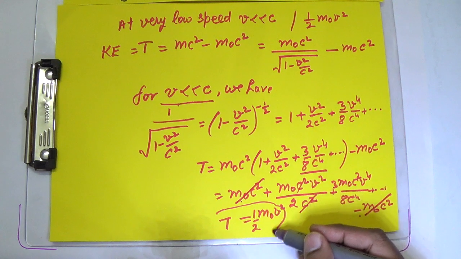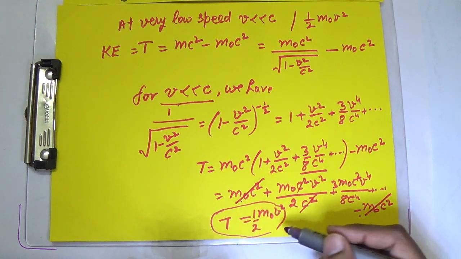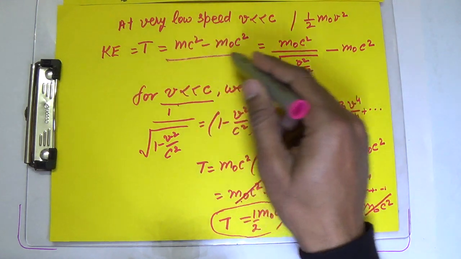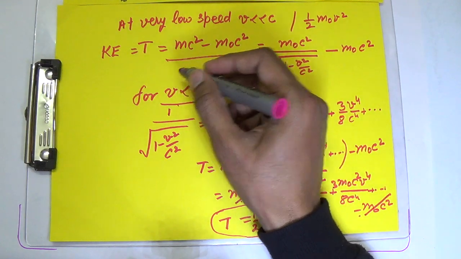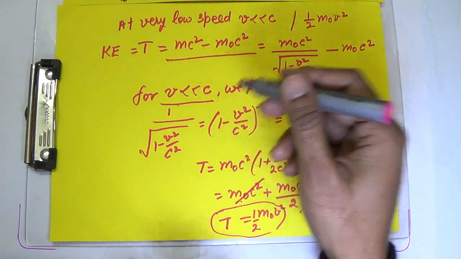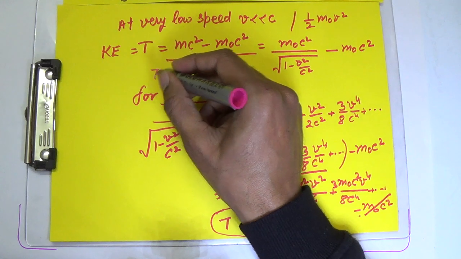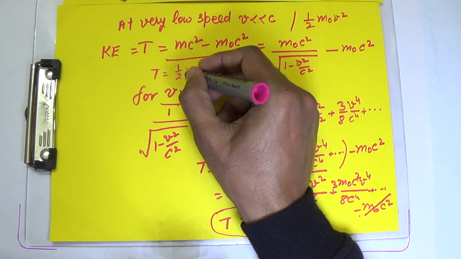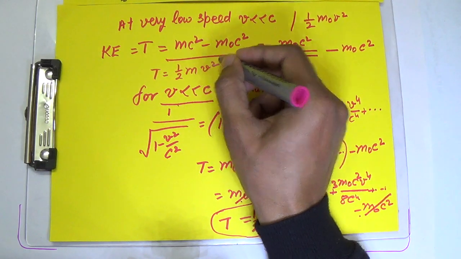So this is the limitation of this relativistic kinetic energy formula. One can get kinetic energy T is equal to 1 by 2 m naught v square.